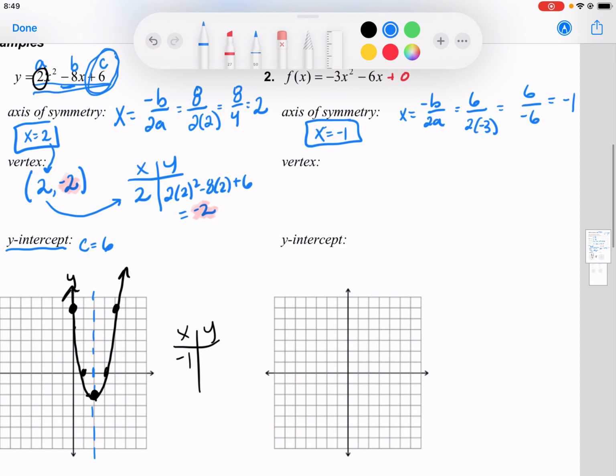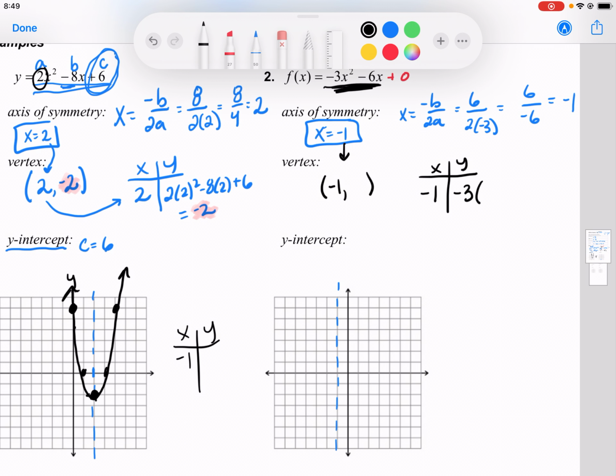Let's go to our graph, and on -1 I'll just put a dotted vertical line, and that's that. Let's go to the vertex. So we know the x value of our vertex is -1. So we'll make a little table. I'll put -1 in for x, and then I'm going to plug it into our equation up here.